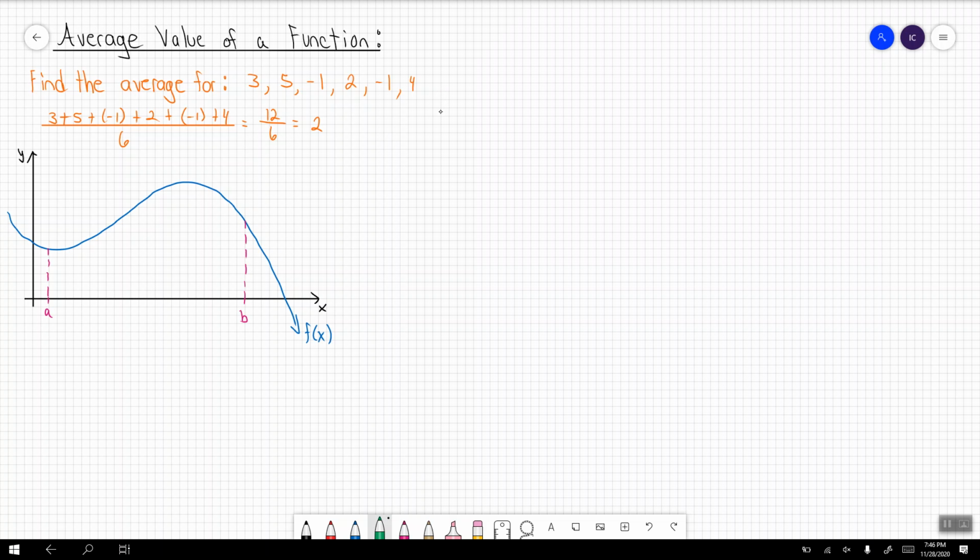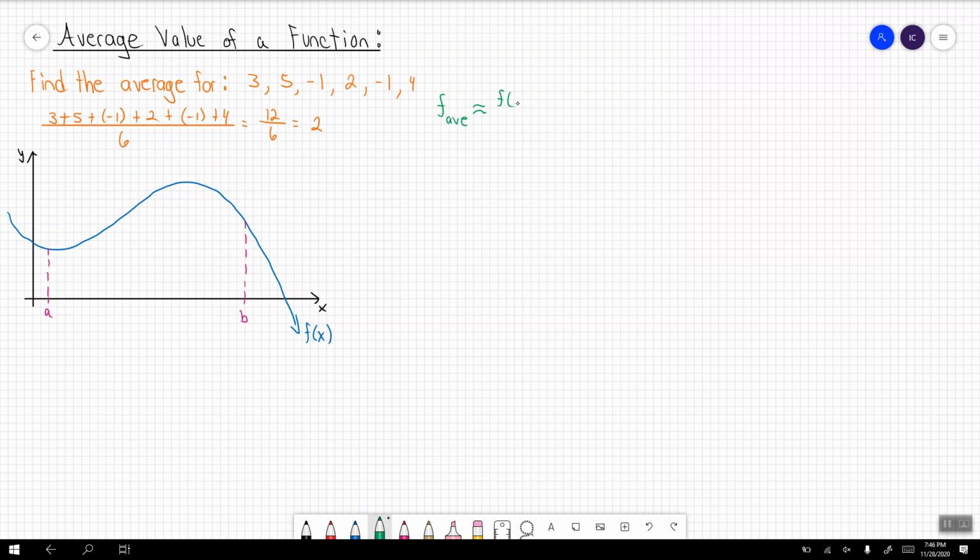If we start looking to find an average, I'm going to abbreviate average as AVE. So this notation, F with a subscript AVE, corresponds to the function average. My function average for f of x is going to depend on the following.